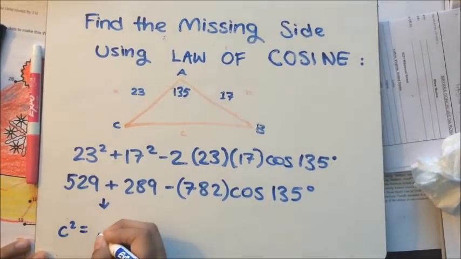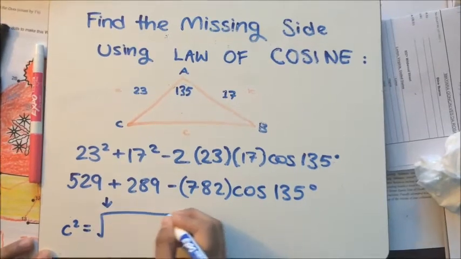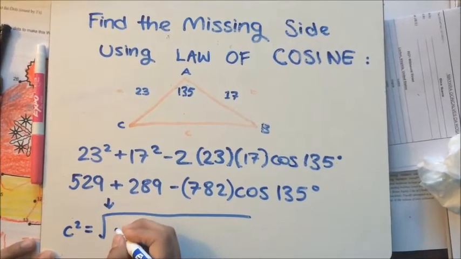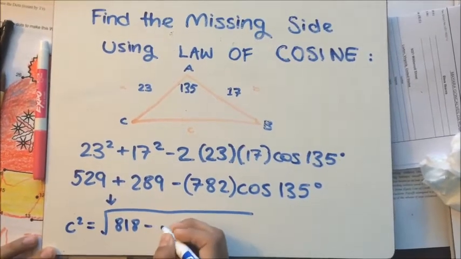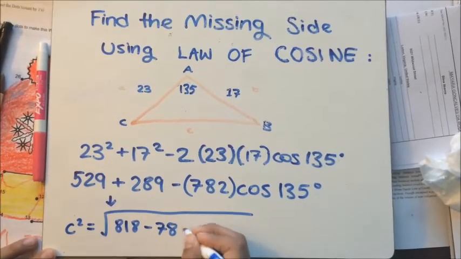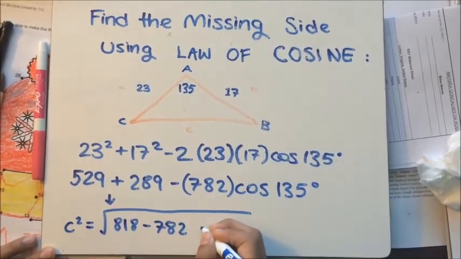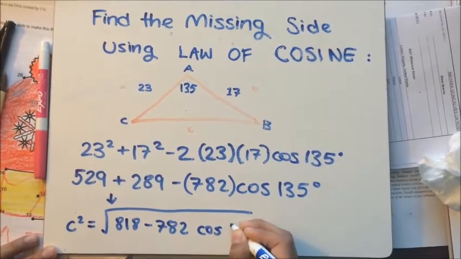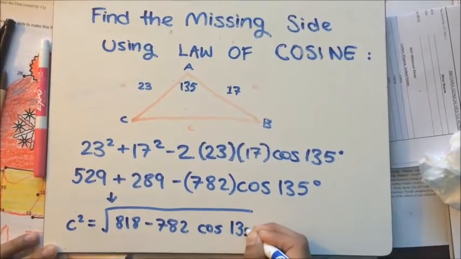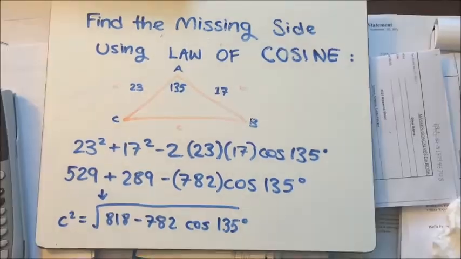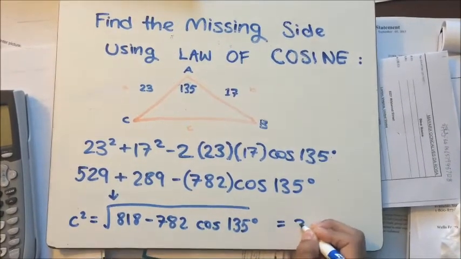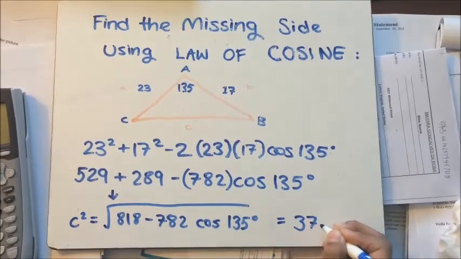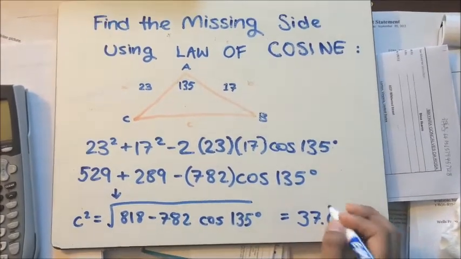C squared equals the square root of 818 minus 782 multiplied by cosine of 135. The answer would be 37.0, which equals the missing side.